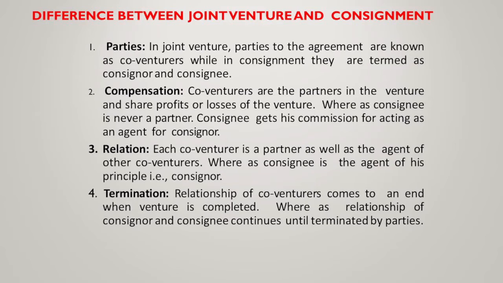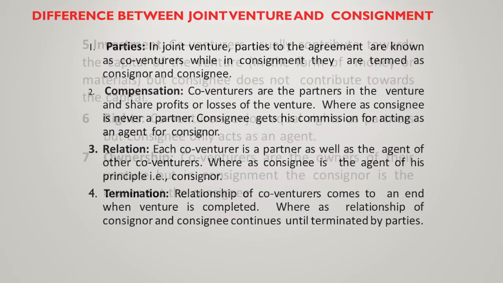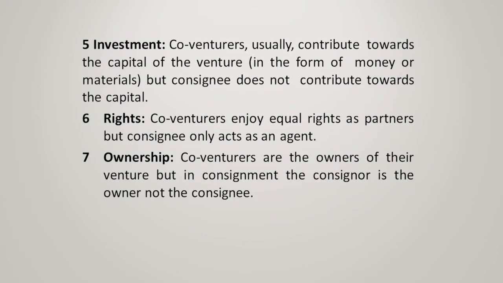Okay. Next one, investment. Co-venturers usually contribute towards the capital of the venture. So the co-venturers first join and introduce the amounts. But a consignee does not contribute towards the capital.